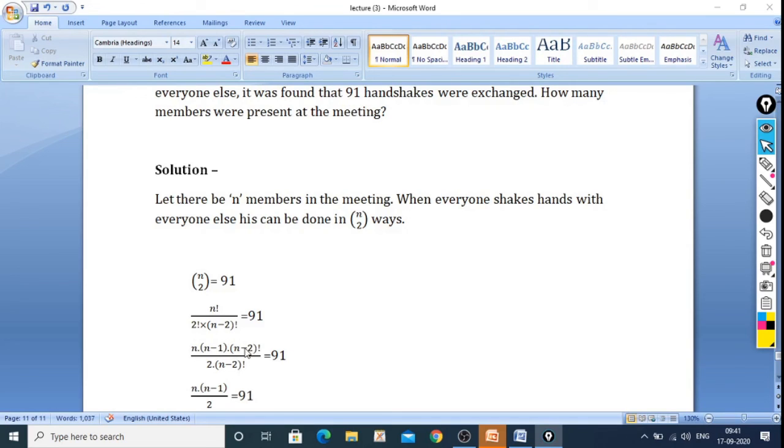Now the (n minus 2) factorial cancels, and what remains is n into (n minus 1) upon 2, and that is equal to 91.